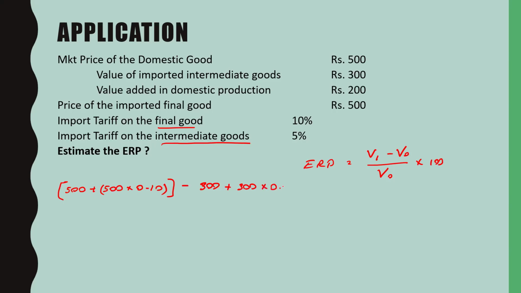Into 5%, 0.05. So this bit of a lengthy calculation is what we have to do. Do that and tell me how much do we get. Here you get 550 minus 10%.